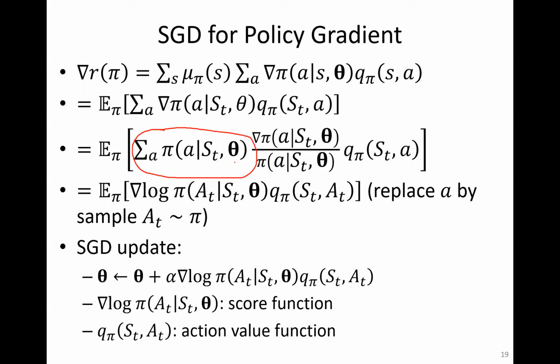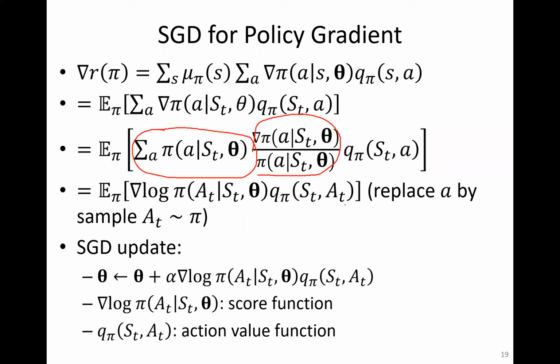To evaluate this policy gradient with SGD, we turn it into an expectation by multiplying with pi and dividing by pi. Then this turns into the gradient of a log.